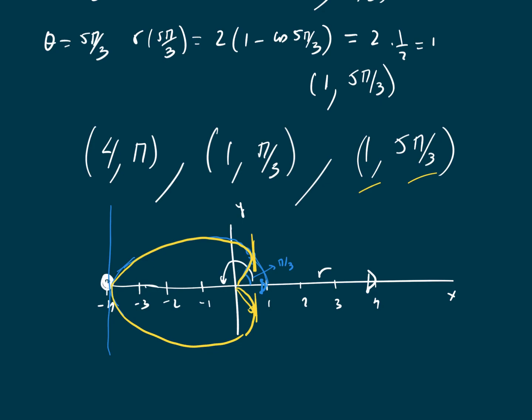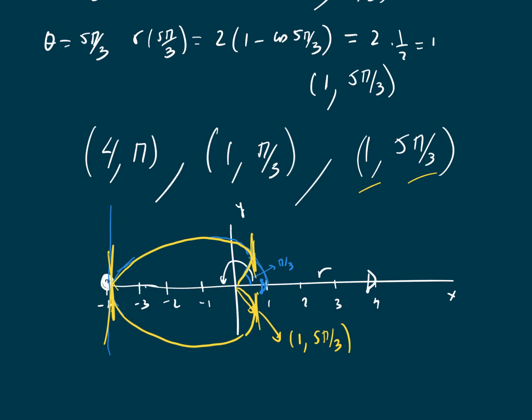This is the point 1, comma 5 pi divided by 3. Okay, these are the three vertical tangents of this problem.